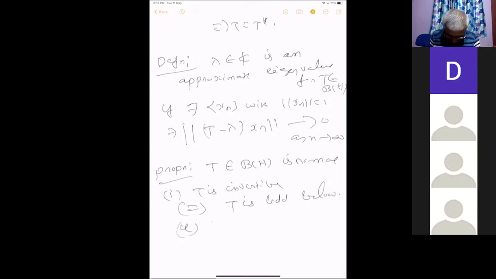That is, there exists small c greater than 0 such that norm of Tx is greater than or equal to c times norm x. Operator is bounded above means the inequality is reversed.